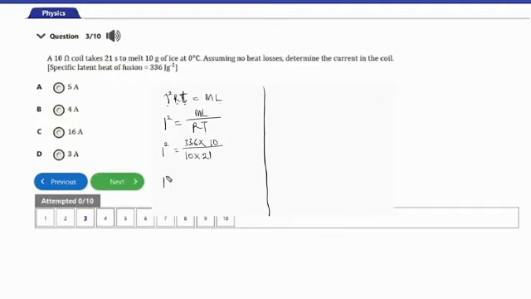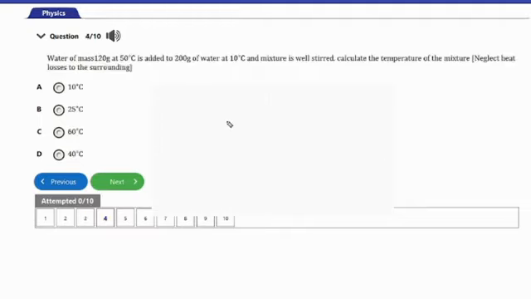So 3360 over 210, that's 16. So it means that I squared is 16. If I squared is 16, I alone is going to be root 16, and that's 4 amps. So that's it for this question, option B. Let's go ahead and consider the next question. That's question number 4 here.